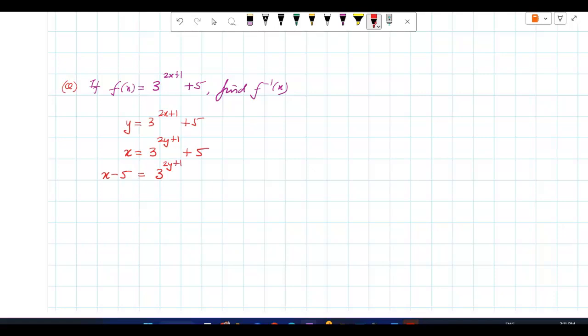Correct? So then this will become what? Log 3 x minus 5. Correct? Now you take this one on this side. Therefore y will be what? Log.